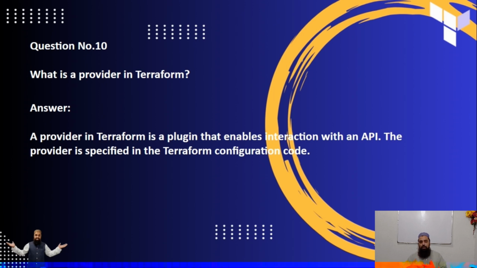If you have watched my Azure labs and GCP labs, you saw that we have been using AzureRM as our provider. It means that the AzureRM provider contains all the APIs that are needed to provision resources on Azure cloud.